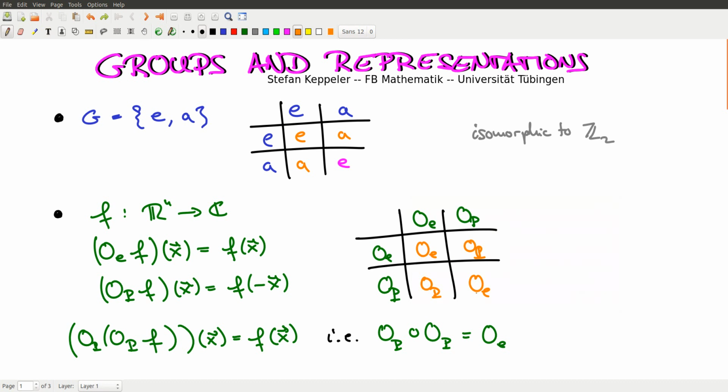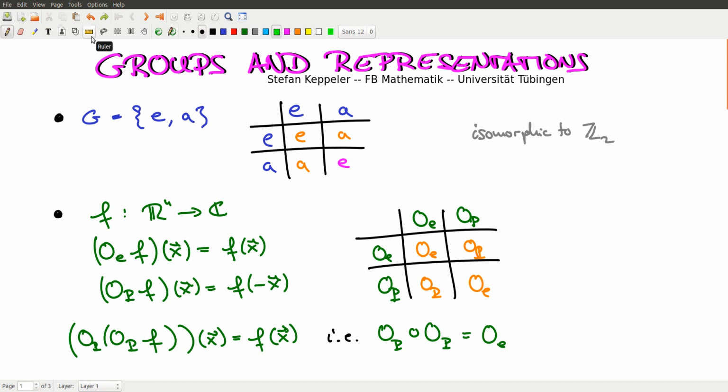Two minutes ago we discussed the many faces of Z2. First we got this cyclic group of order 2, which was isomorphic to Z2, and then we saw this in many other versions.